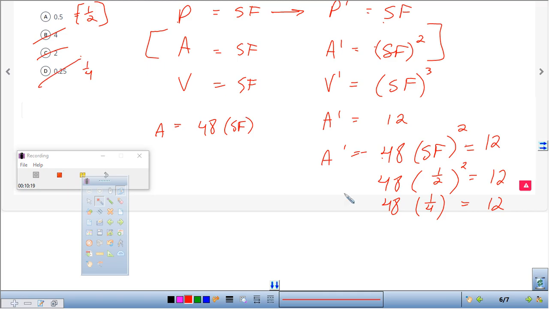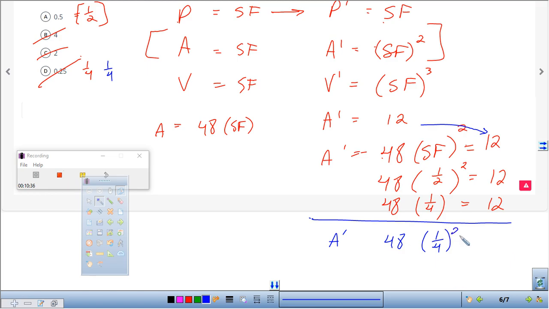Let me just show you the wrong answer. This is the wrong answer, 1/4, and I'll show you this is not correct, because if the new area is supposed to be 12, we'd take the original one and multiply it by 1/4 squared to give you 12. Well, this is really weird. 48, right? 1/4 squared is going to be 1/16.